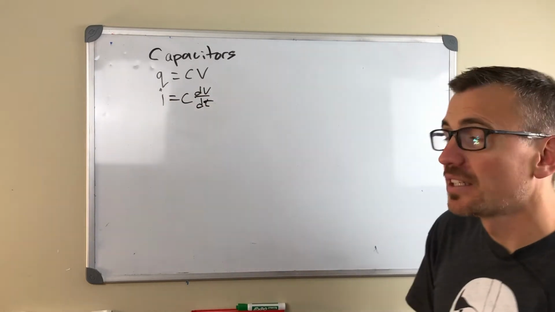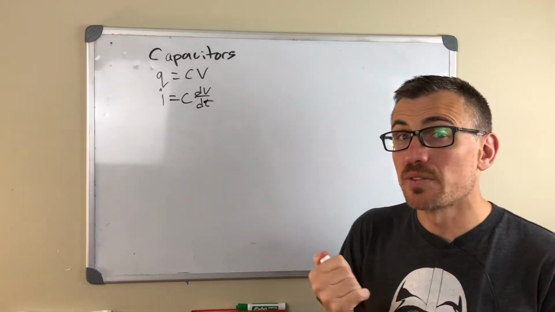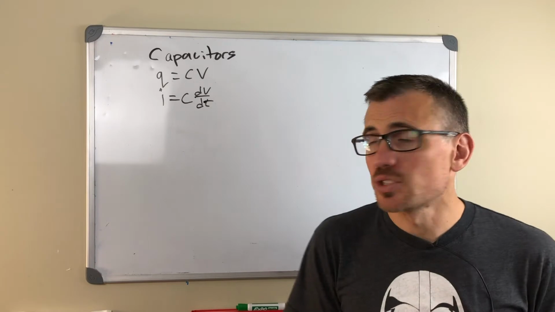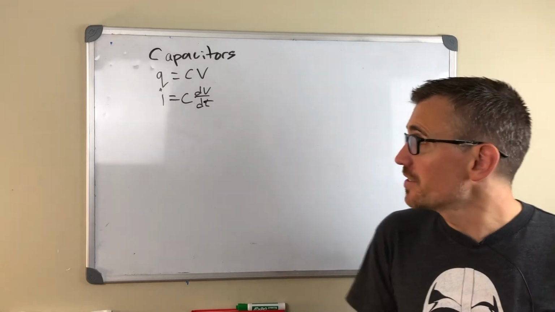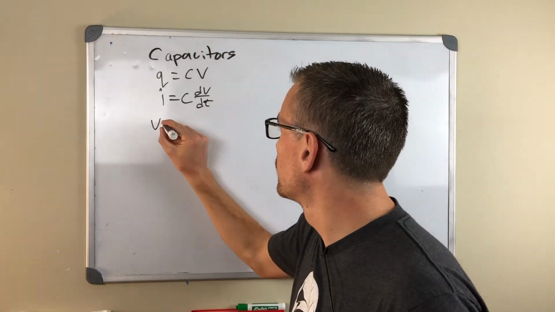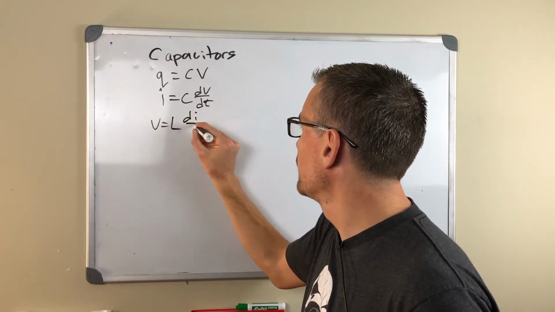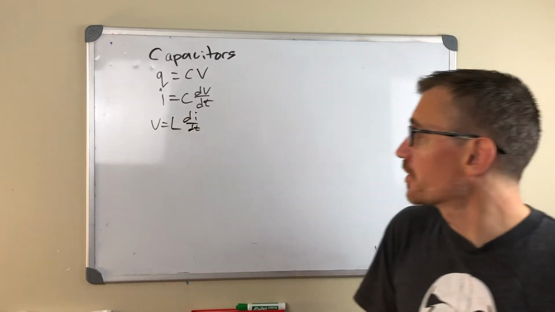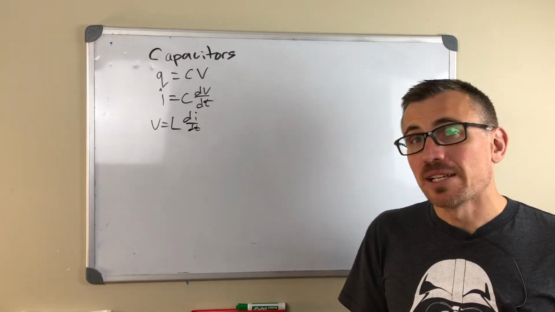So it's a device whose current through it depends on the rate of change of the voltage. And we found that these things stored energy in the electric field. We also had inductors, which had a similar equation, a voltage given by the rate of change of the current, L di by dt, and that stored energy in the magnetic field.